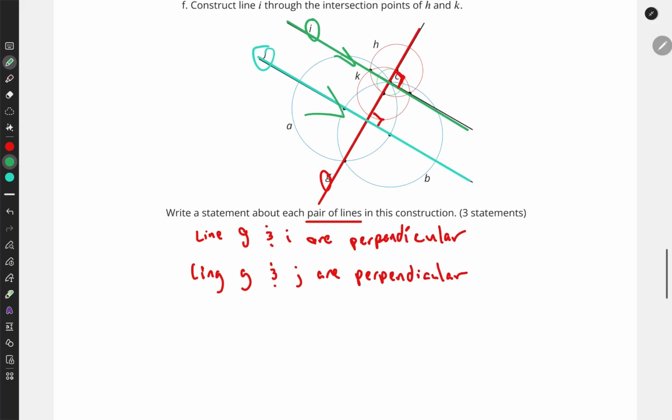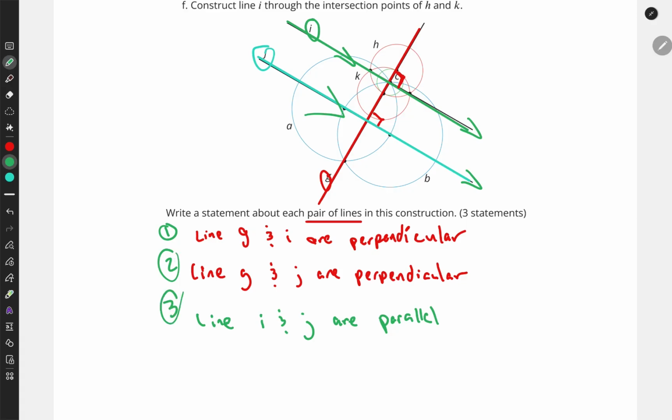Well, if these two are perpendicular to G, then that means line I and J are parallel. They will never touch. They will go on forever, right? These will keep going and never intersect. And that's it. These are the three statements about pairs of lines. Pair meaning two lines in the statement.